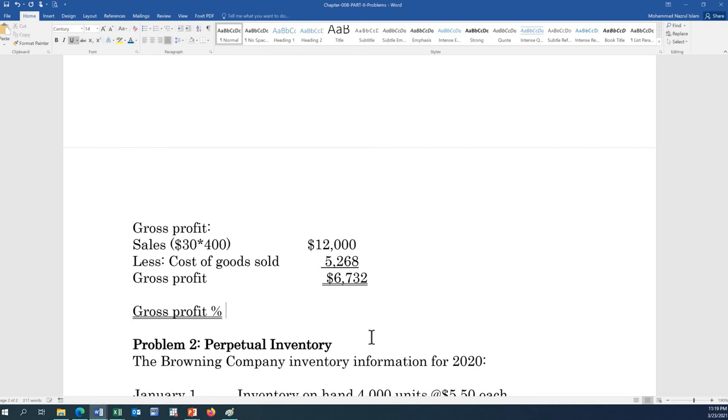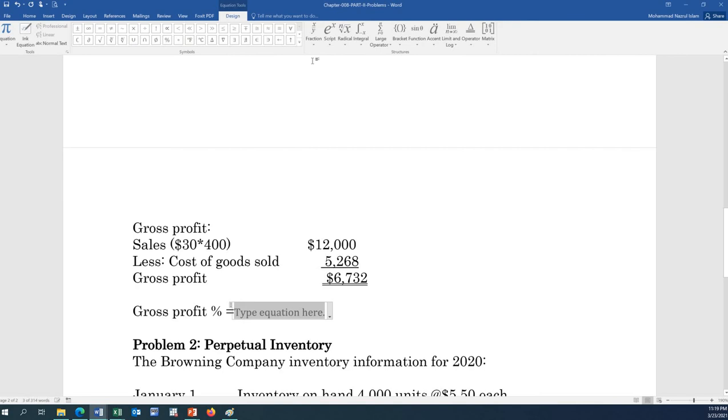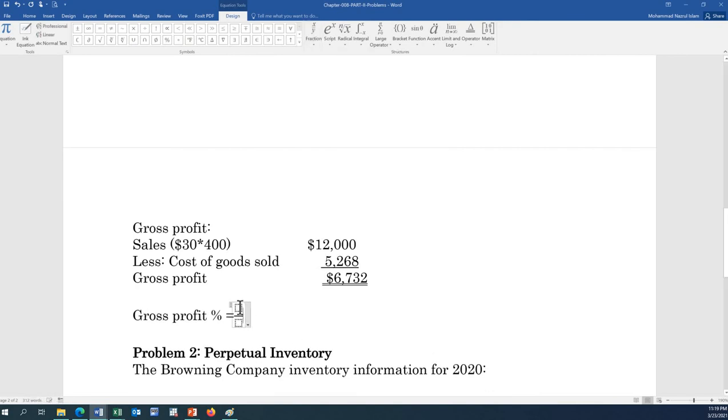Gross profit percentage should be equal to gross profit over total sales.